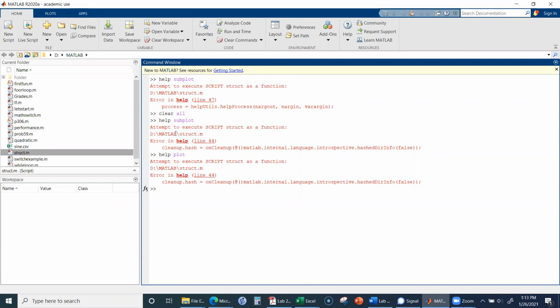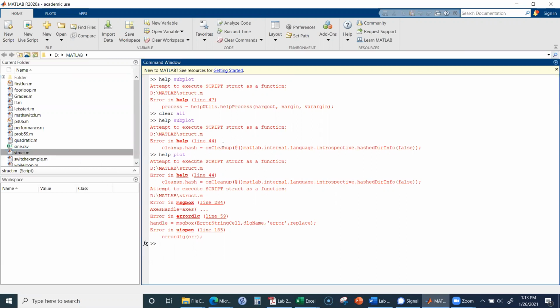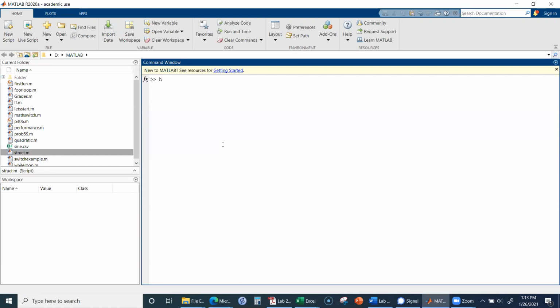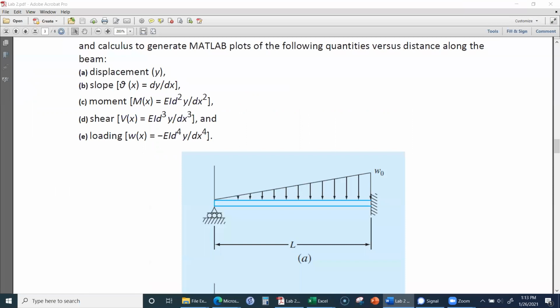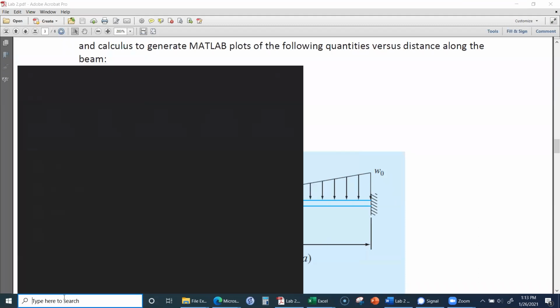I guess it is because you opened the script. Yeah, the script is causing some problem over here. Clear all, clc. Okay, help plot. I tried it, it works when you open a clean document. I guess it's a problem when you add scripts.